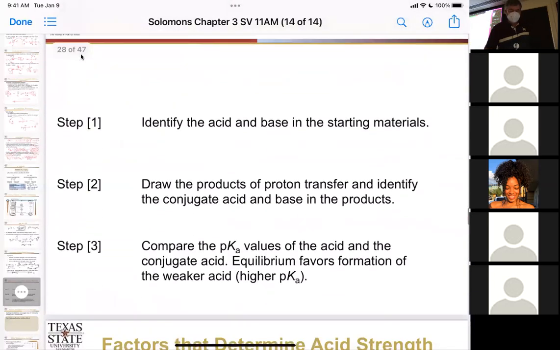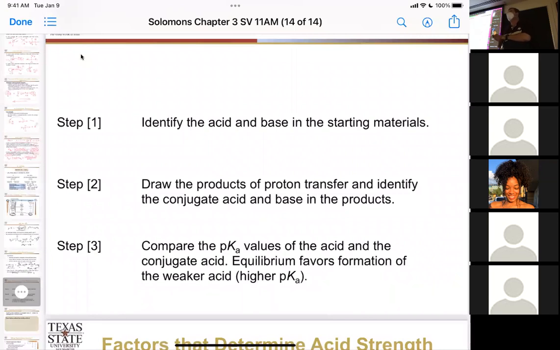Okay, let's continue on with this. How do we know which is going to be good, which is going to be bad? We just have to get our equation set up so that we have our acid and base identified on the reactant side, and the conjugate acid and the conjugate base defined on our product side.